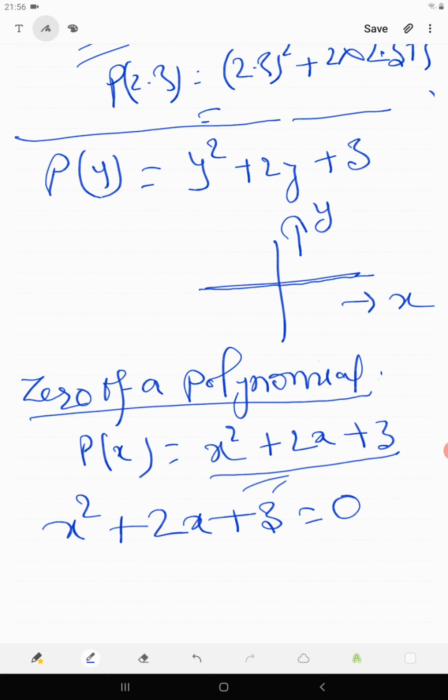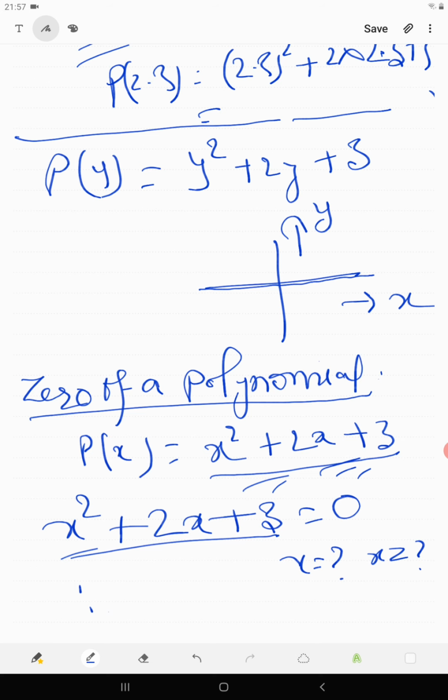So equate it with 0. We need to solve the equation x square plus 2x plus 3 equals 0. If it is given like this, then you have to solve this equation to get the value for x.